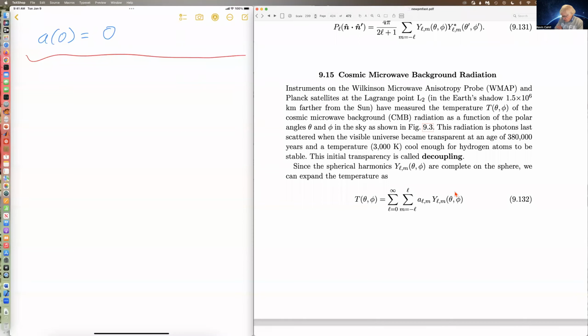And the explanation, of course, was that what they were listening to was photons that had been visible.